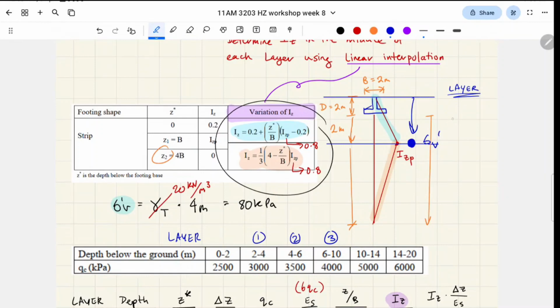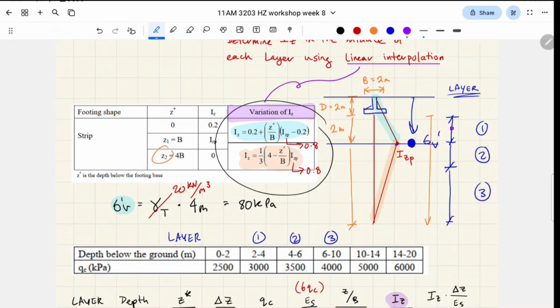We consider this layer as layer 1. We consider this layer, from 4 meters beneath the ground to 6 meters beneath the ground, as layer 2, and the remainder as layer 3. The remainder just because that's how our information was given to us. There's a spacing of 4 meters for that one, right?